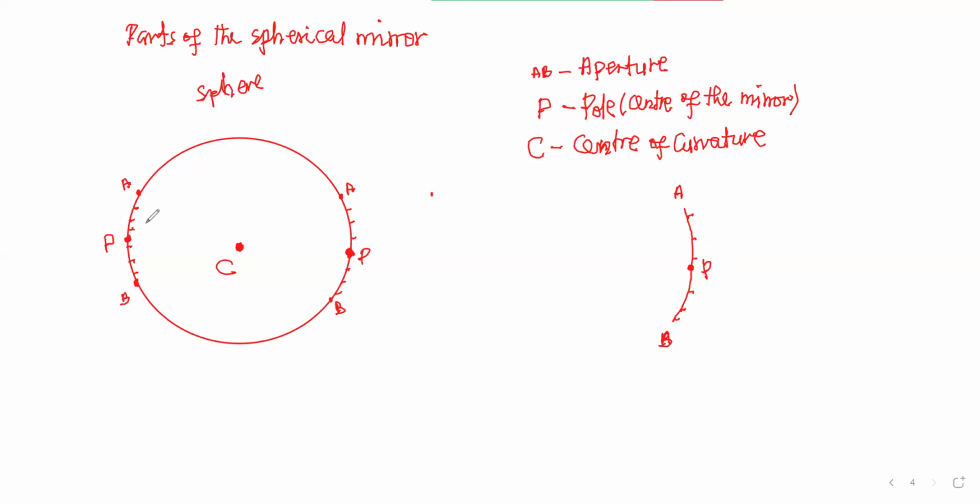Then a line drawn through the center of curvature and also through the pole of the mirror has a specific name. So for concave, when I draw a line through the center of curvature, passing through the pole of the mirror, this line is known as the principal axis. So the principal axis is a line passing through the center of curvature and also through the pole of the mirror.